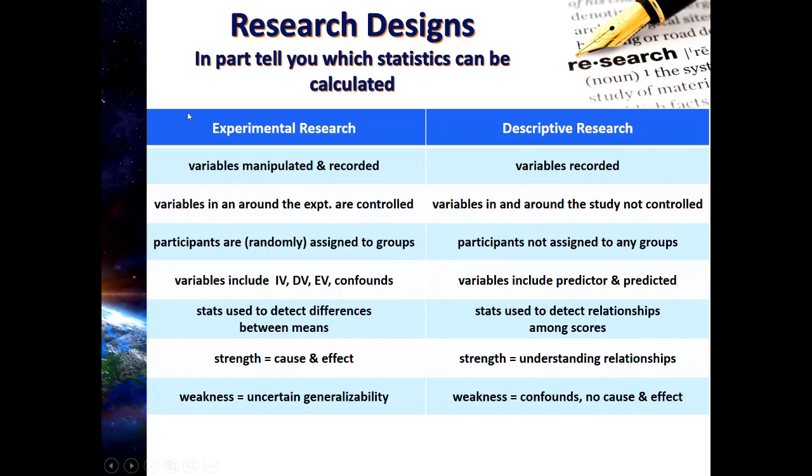Now, if it's the case where participants can't possibly be randomly assigned to the levels of the independent variable because of some pre-existing condition, let's say biological sex. If I'm studying sex, male versus female, I can't randomly assign you to be one or the other. It's impossible, with current day technology.